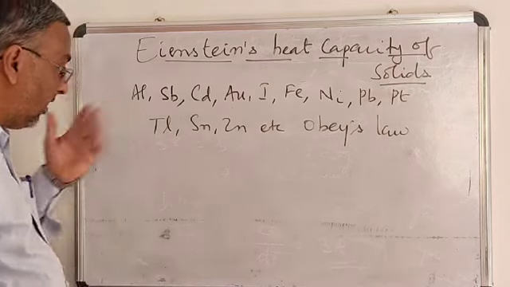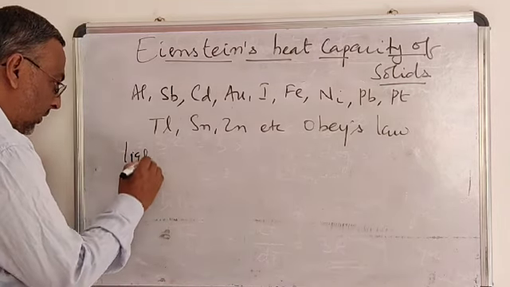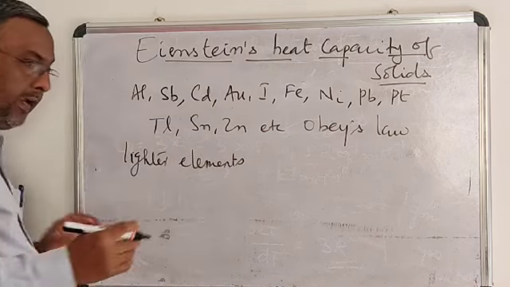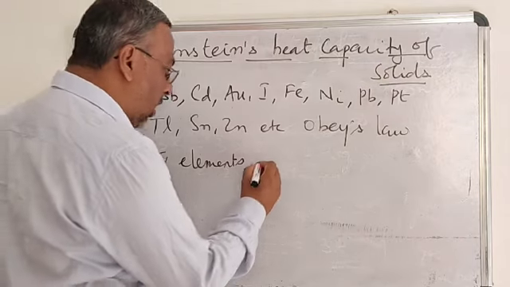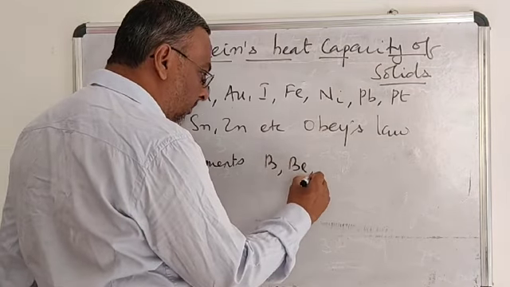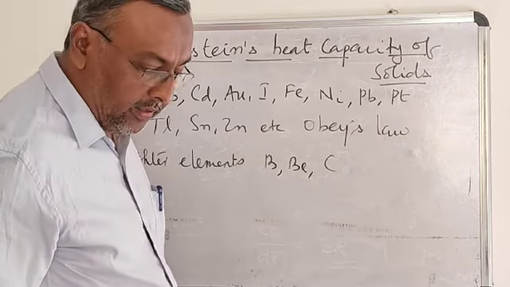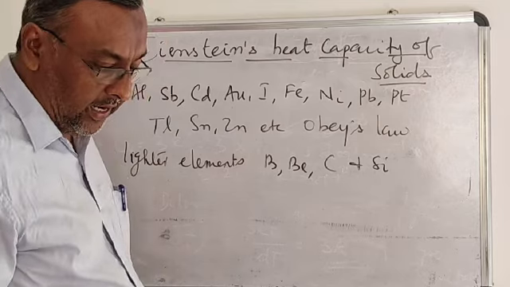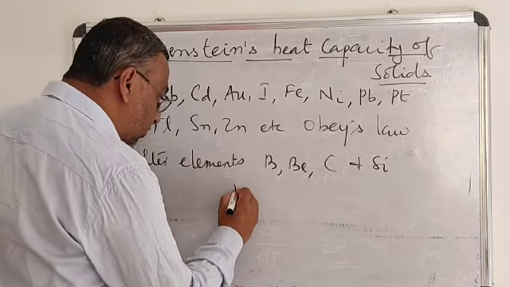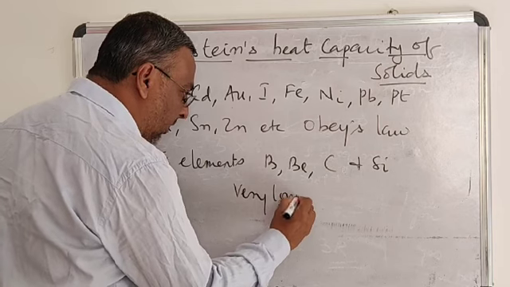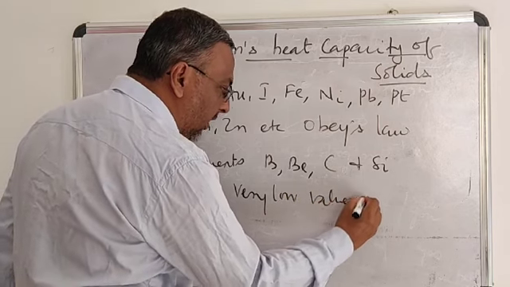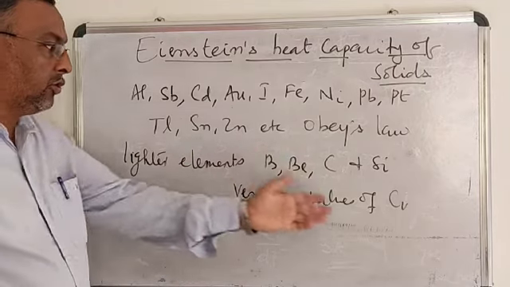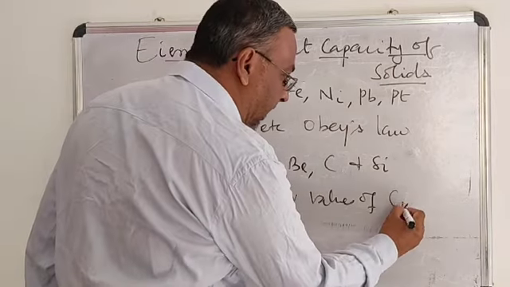But there are some lighter elements like boron, beryllium and carbon, that is diamond usually, and silicon, which have very low values of Cv, not equal to 25 joules per degree per mole.